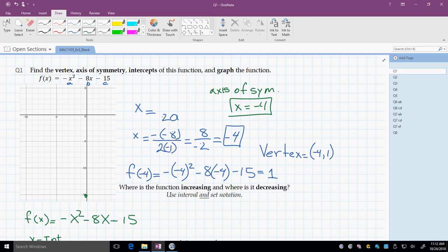Then we're going to look for our x-intercepts, which are -3 and 5. The other point of reference that we're going to have is the vertex, -4, 1.